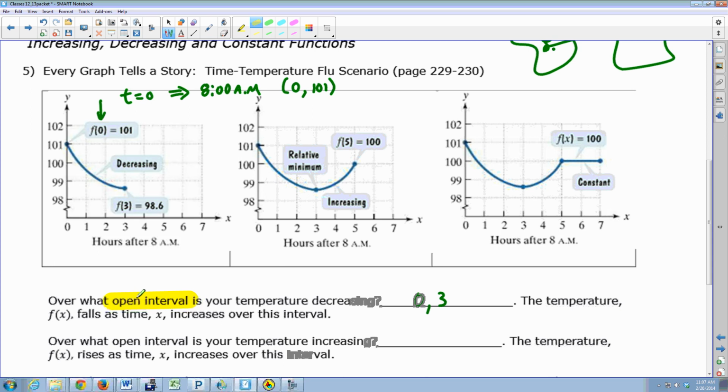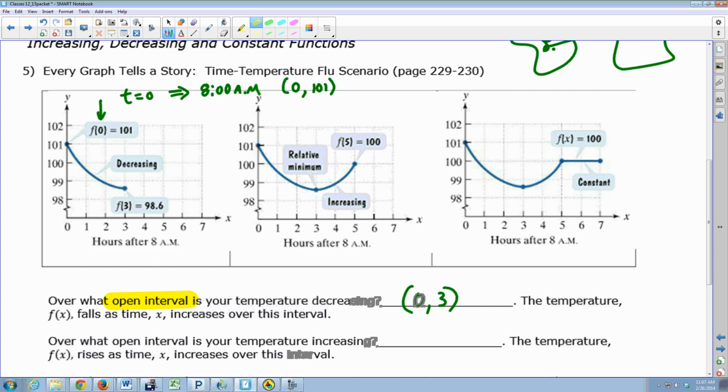It's always going to be an open interval, so you'll always use parentheses. Okay? So over that interval from x equals 0, not including the 0, to x equals 3, not including the 3, my temperature is falling as my time increases. Okay? Again, I think it's intuitive.